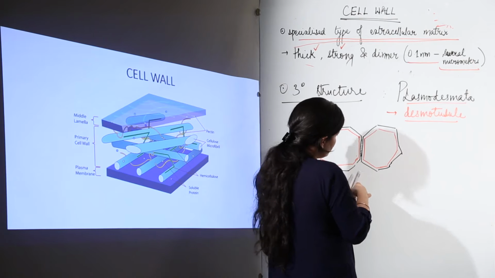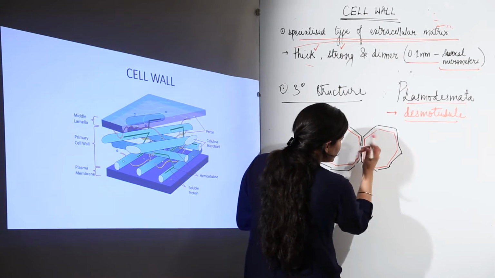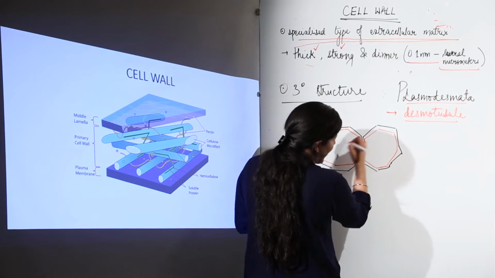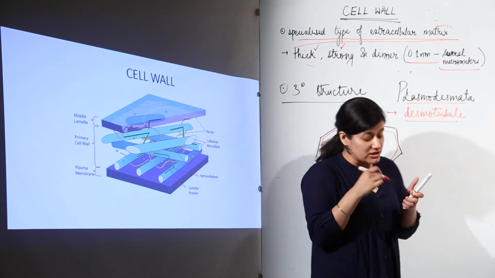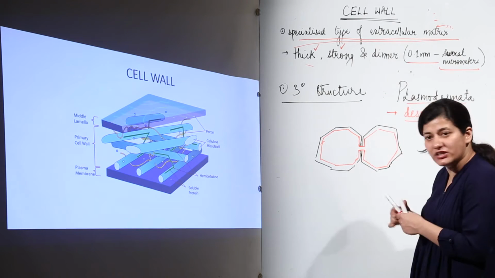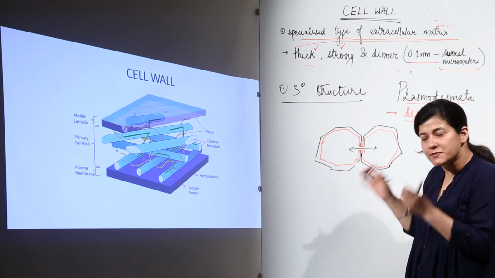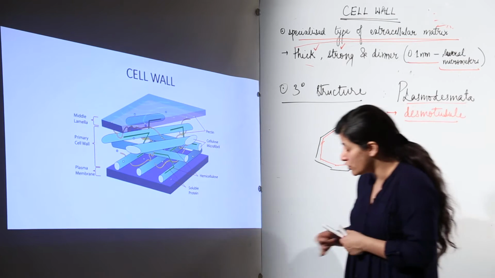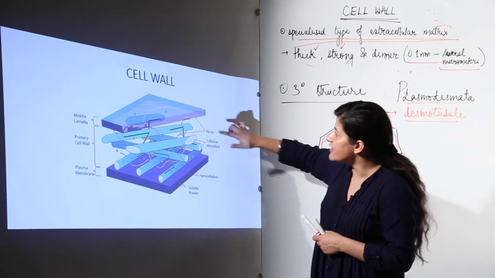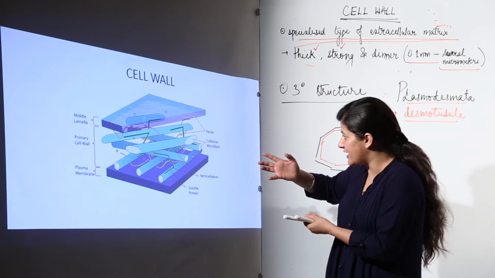Now, what we have to see is that the inner part of the membrane often gets folded like this, and there is a passage known as plasmodesmata. Plasmodesmata is a passage between the two cells from where there could be transport and exchange of substances. Now, it has not been represented in this diagram, but you need to understand that supposedly this is one cross section of the cell wall.